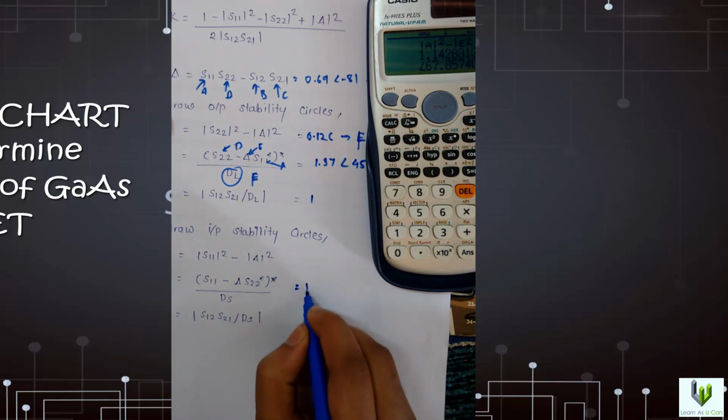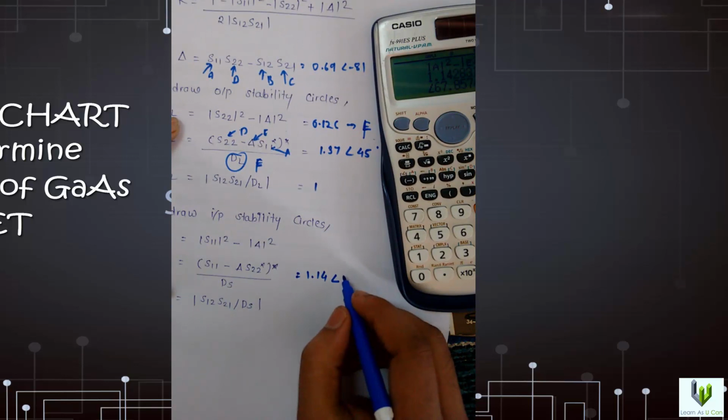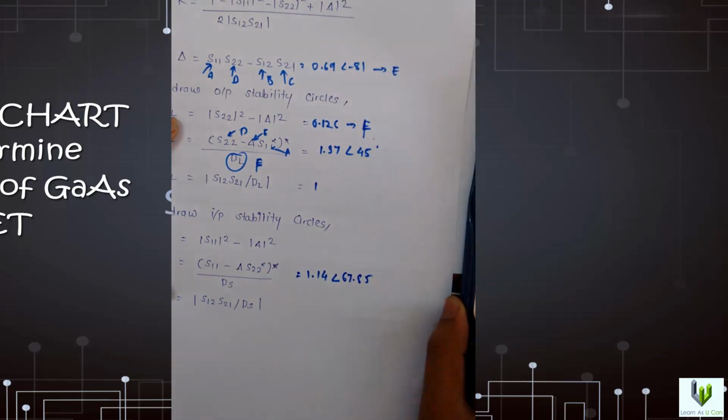This is CS value 1.14 angle around 67, which is around 68. Same result I am getting.